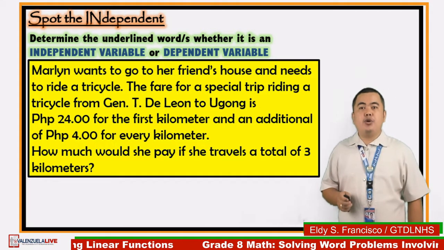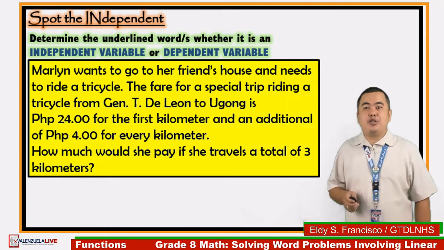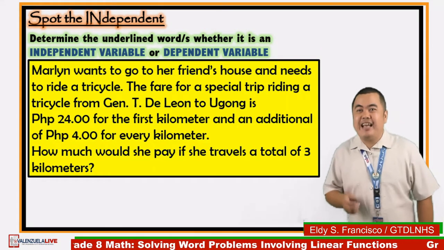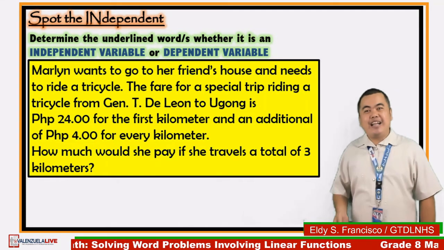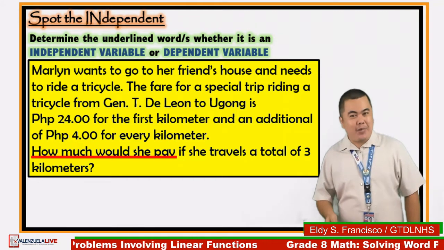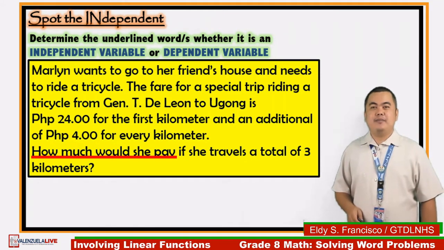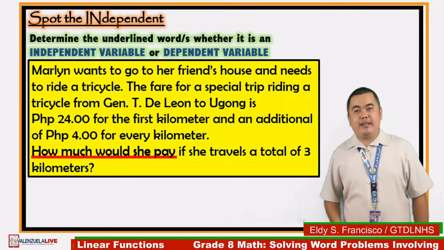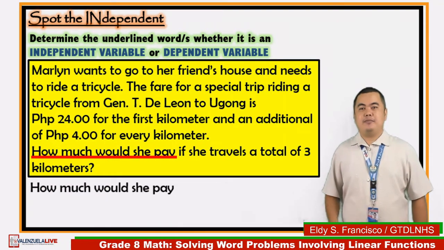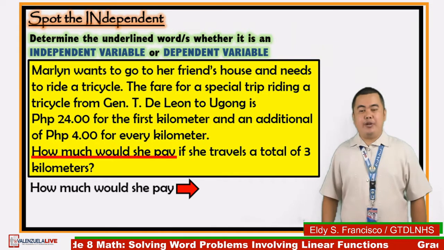How much would she pay if she travels a total of 3 kilometers? The underlined words are how much would she pay? Is it an independent or dependent variable? Comment your answer now.